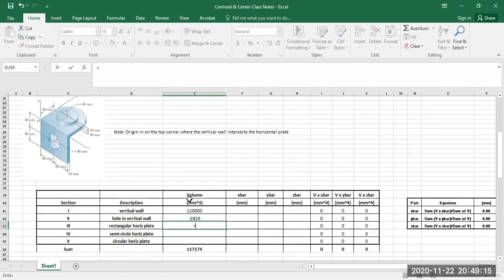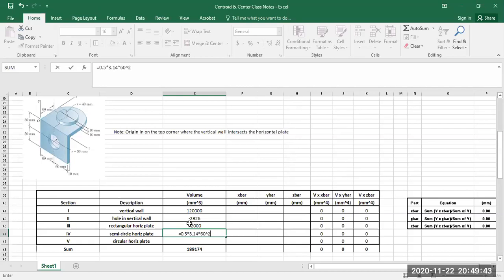Okay, rectangular horizontal plate. That's 60 times 120 times, it's also 10 millimeters. And then the semicircle is 1/2 times pi r squared, and r for that semicircle is 60.